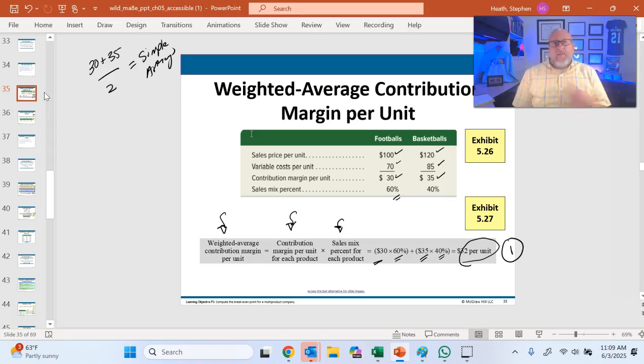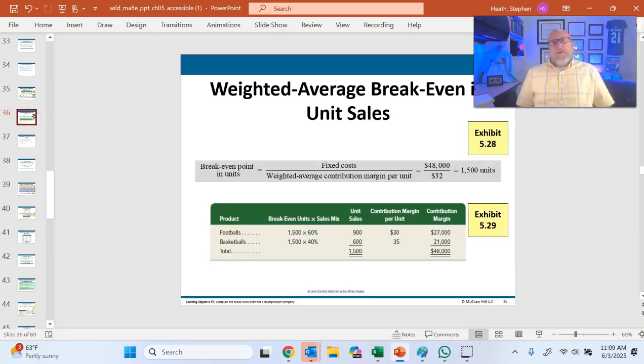Then once we have the weighted average contribution margin, then we can go to our normal or our previous formula, where we were saying, hey, listen, break even is clearly fixed costs, right? That will still be the numerator. And then we're going to divide by the weighted average contribution margin.